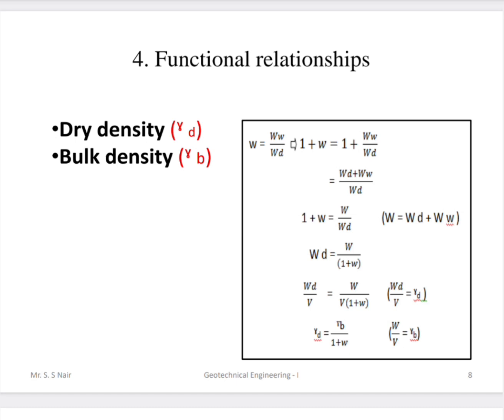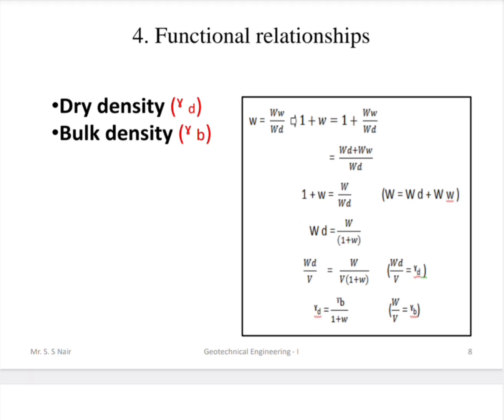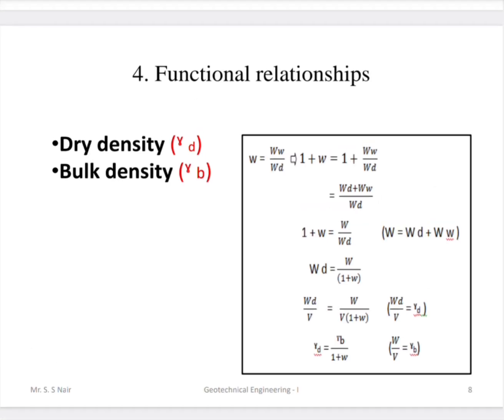Now the denominator terms are exchanged, then dividing by volume on both sides, left side and right side, then rearranging to form dry density equal to bulk density, that is weight per volume, divided by 1 plus W. So this is the fundamental relationship: dry density equal to bulk density divided by 1 plus W.